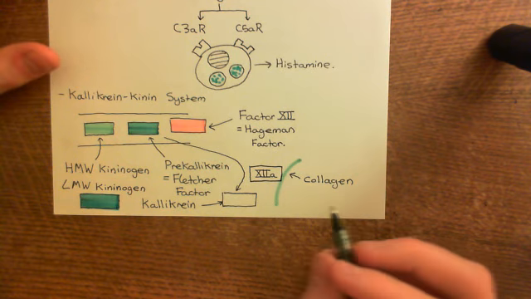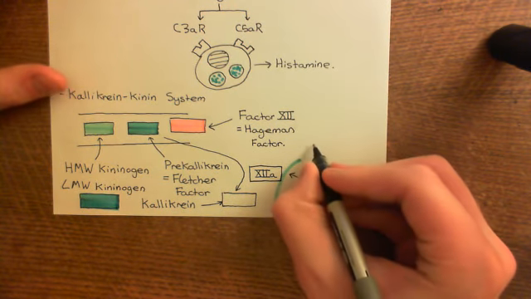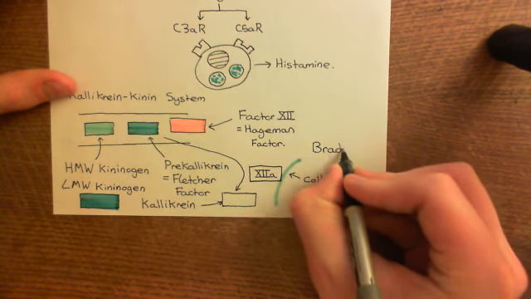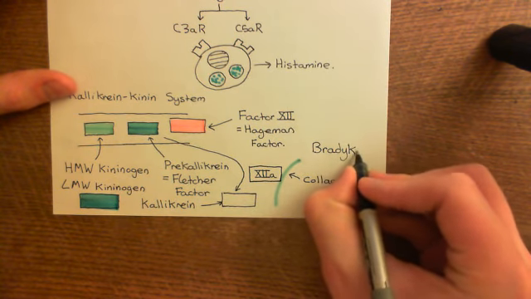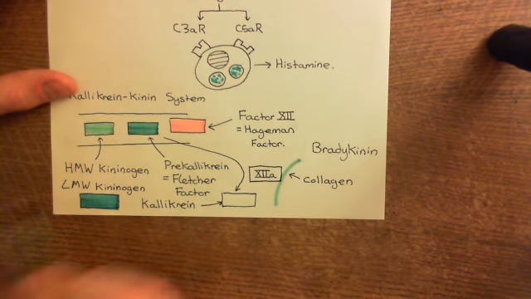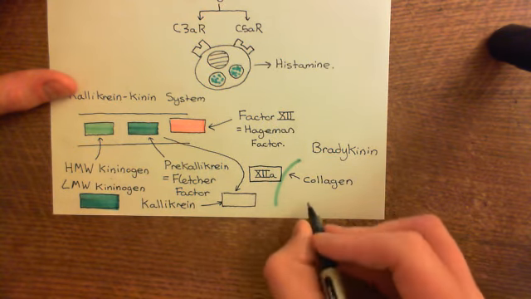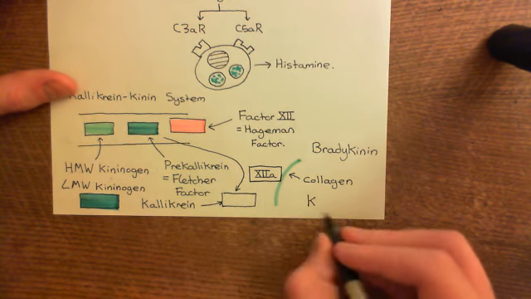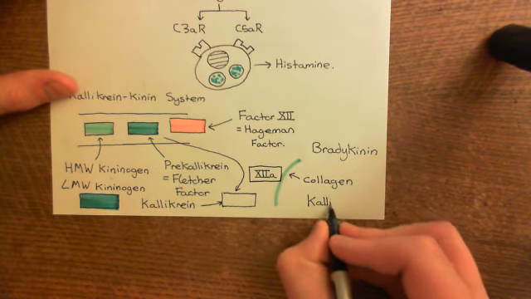Well, it's going to convert high molecular weight kininogen into what's called bradykinin. I'm going to have to write it over here because I've just run out of space. So it's going to convert high molecular weight kininogen into bradykinin, and it's going to convert low molecular weight kininogen, LMW kininogen, into kallidin.